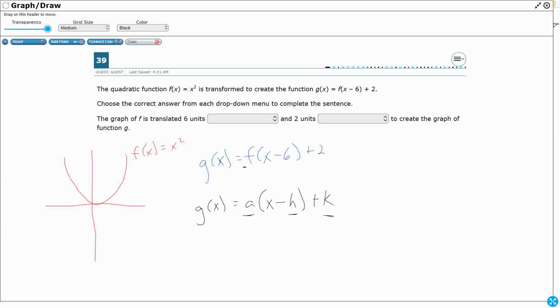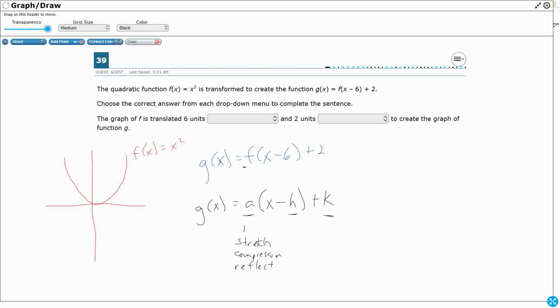There's nothing right there in that position outside the f of x, but this would be a stretch or a compression vertically, right? We're either going to stretch it or compress it. We can also flip it. We can reflect it if that a is negative. And so this is just going to help us either stretch or compress it vertically.